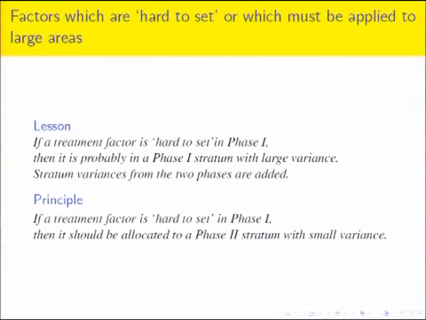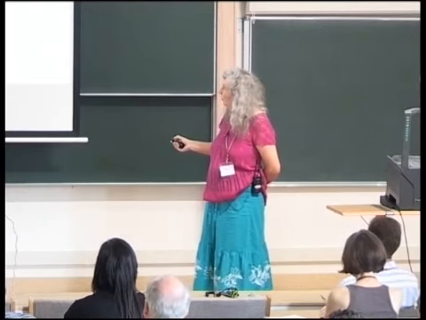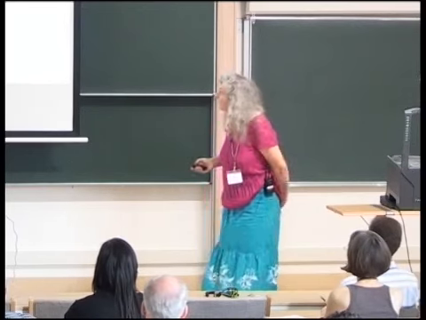Well, I think that because you've already got a big variance from the first phase, if at all possible, you should try and put that at the second phase in something that has a small variance. So, because in the first phase such a factor would get a big variance, you don't want to continue to add in more big variances from the second phase.